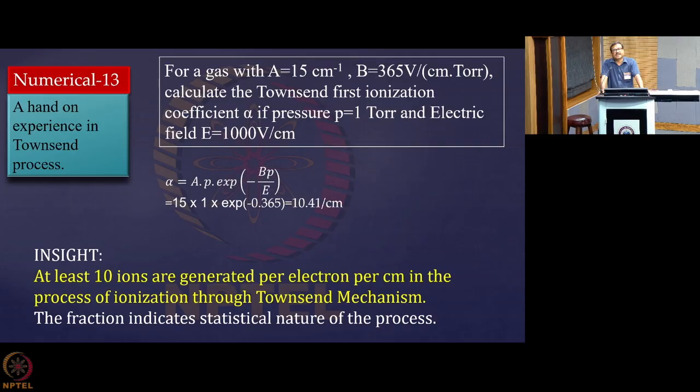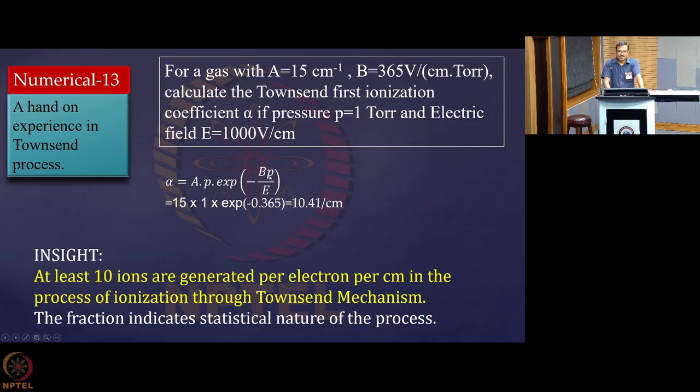So here we go. Alpha, the expression we have just put, is A P exponential of minus B P by E. Now the constants provided: A we put over here, P is 1 torr, and then exponential of minus B P by E. You see that the unit of B should be volt per centimeter torr, so that this whole quantity becomes dimensionless.